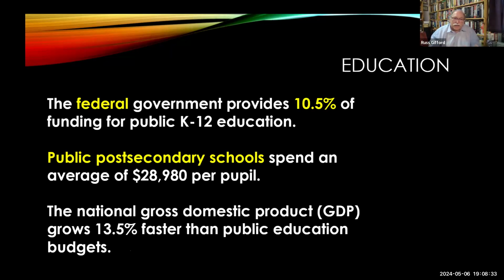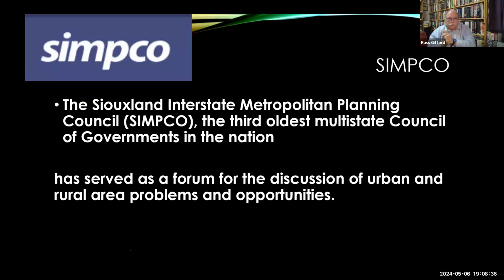And the reason I'm going back over all this is I don't want to forget. Most of you know what SIMPCO is, Siouxland Interstate Metropolitan Planning Council. This region pioneered that concept, the third oldest multi-state council of governments in the nation. They work across the state lines. It was suggested by Connie Bodine, who was Sioux City manager, I believe, at the time, and then went on to become a local elected official.